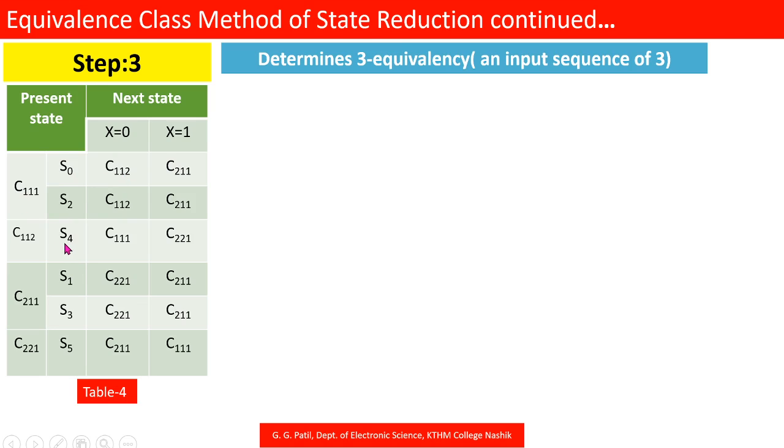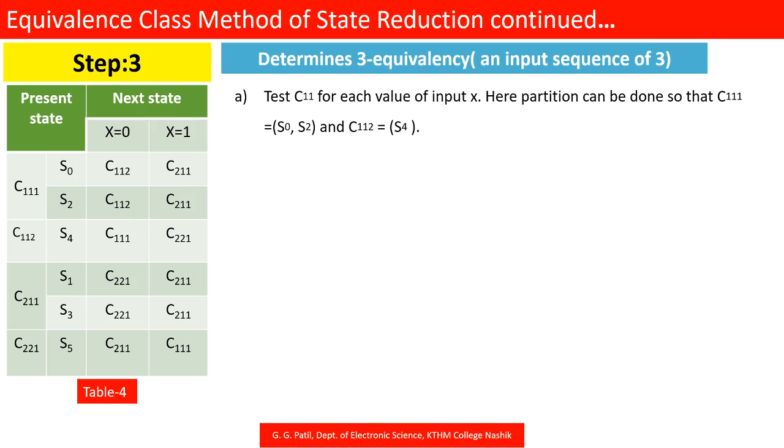If state S4 is there, it is written as C112. If state S1 or S3 is there, it is C211, and for S5 it is C221. Test C11 for each value of input x. Here the partition can be done so that C111 is S0, S2, and C112 is S4.